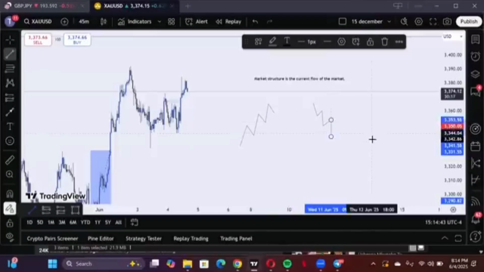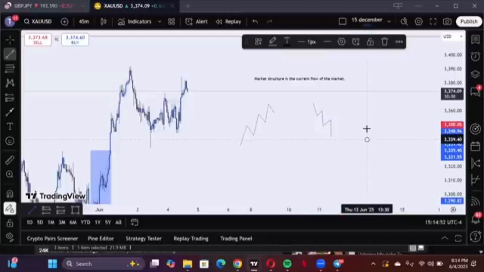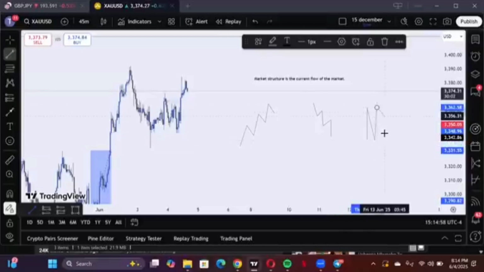Then if it's a ranging market, you see market moving from point A to point B, from point B down to point A, from point A to point B. So it's basically from support to resistance, resistance to support, support to resistance. So these are the three ways that market makes its movement.